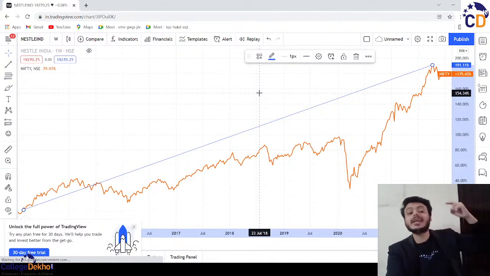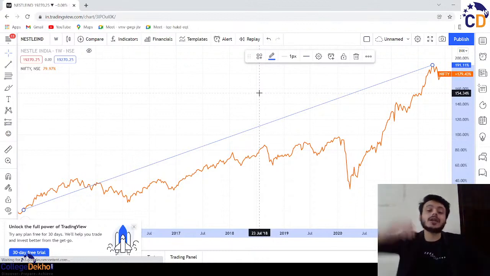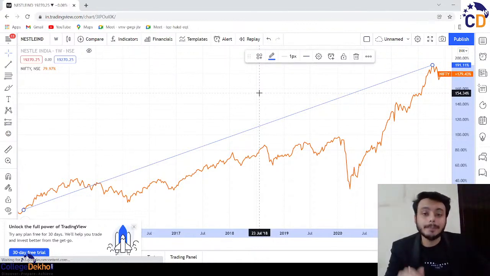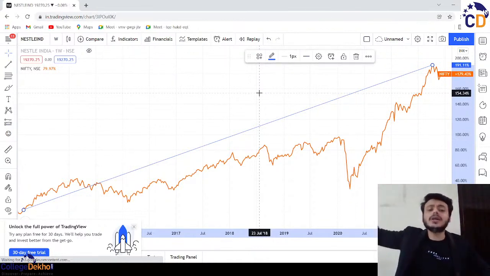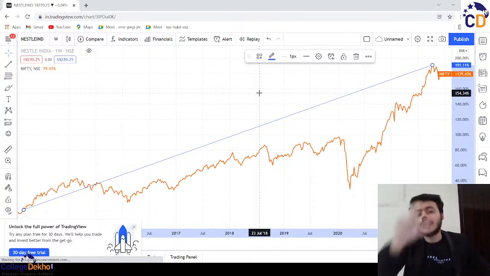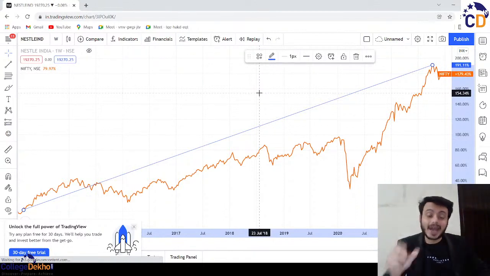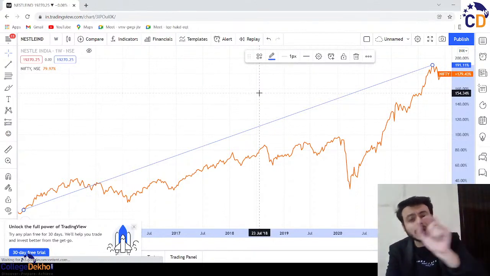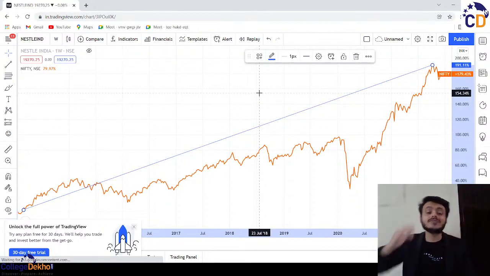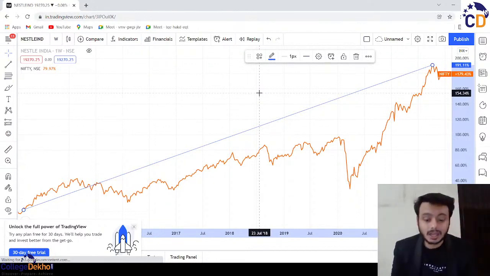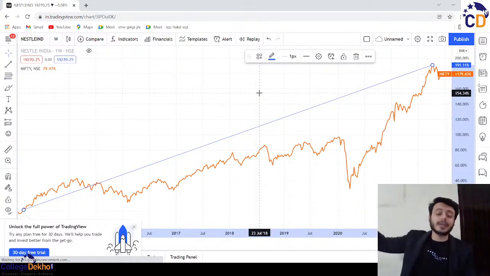But investing is for a longer period of time, maybe more than 1 year, 2 years, 3 years, 5 years, 10 years, or 15, 20 years. The main difference between trading and investing is that trading is for a shorter period of time, maybe a single day, whereas investing is for a longer period of time. You invest in companies and keep your money invested in those companies for a longer period of time.